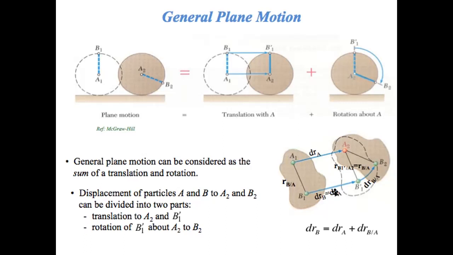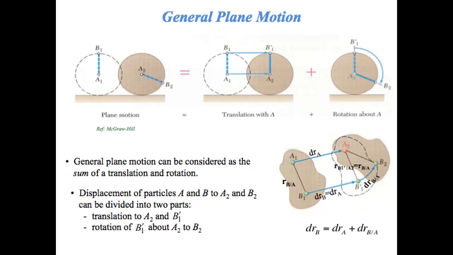For this reason, the relative position of particle B1 prime relative to point A2 stays the same, and we can show it by r_B/A, meaning both are the same.